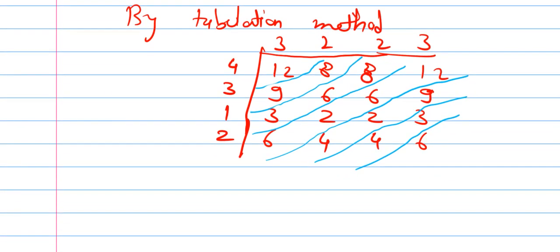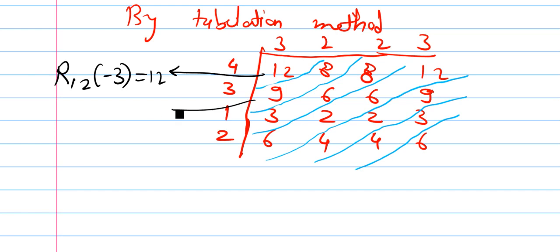So the first value is R12. What is the lower limit we got? Minus 3. So the first value is R12(minus 3) and its value is 12. The second value is R12(minus 2), its value is 9 plus 8, 17.